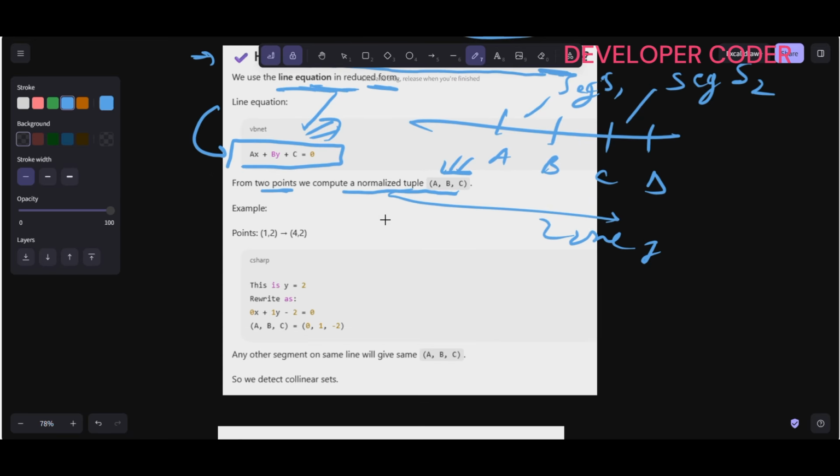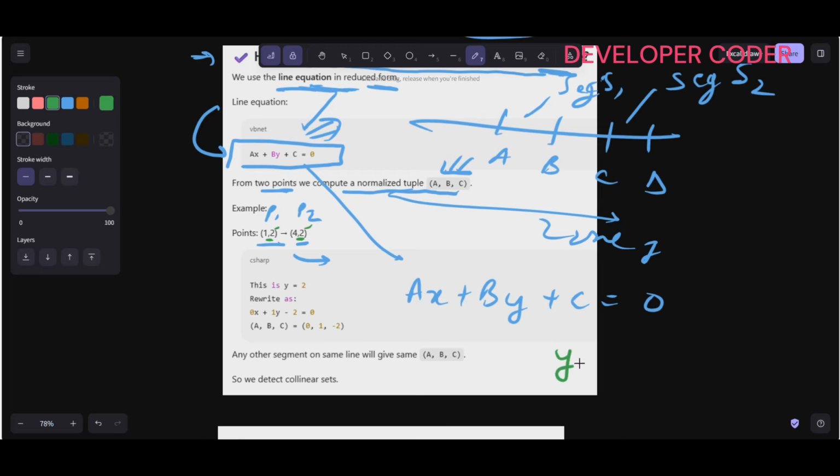Okay, so let's say these two are the points P1 and P2, 1 2 4 2, right? So here in this case, the y value, here we have to write it like this now: ax plus by plus c is equal to 0. If you just look at these points, this is 2, right? So here I will get some horizontal line, right?